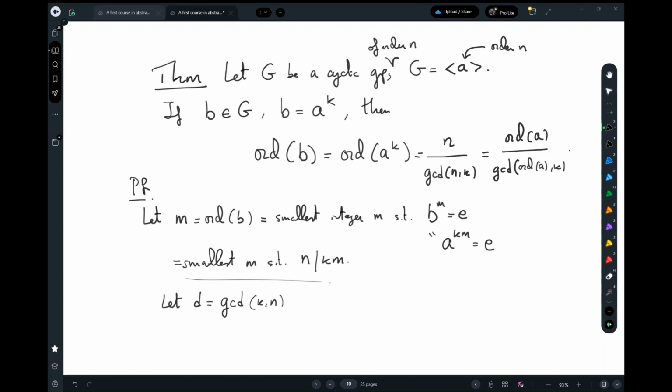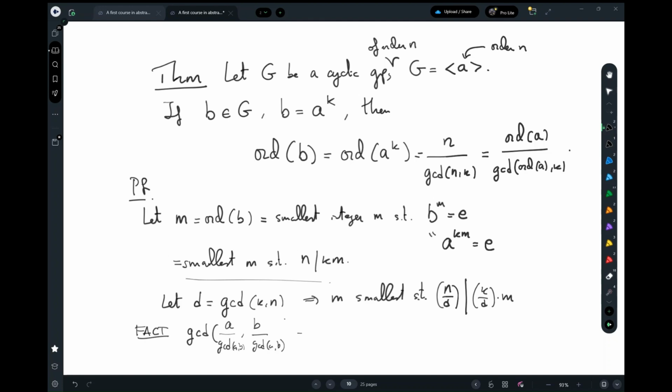Then I can divide n by d and K by d, and still what I want is M to be the smallest such that n divided by d, which is an integer, divides K divided by d times M. Now, by the way, this is a fact about GCDs: the GCD of a number divided by the GCD of A and B is automatically 1.